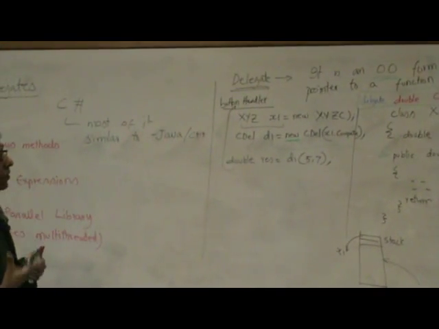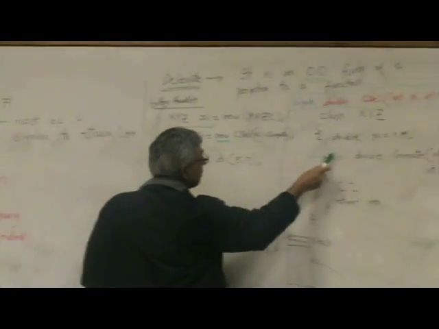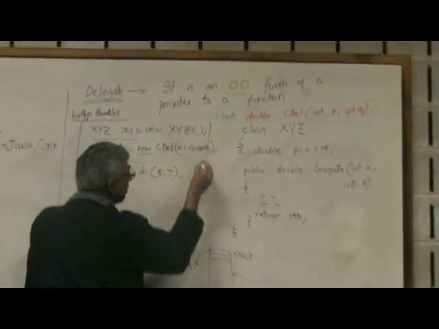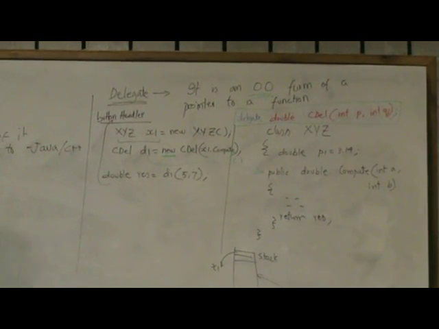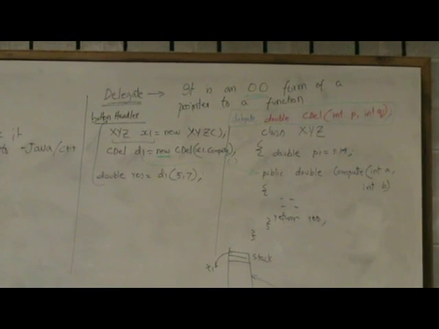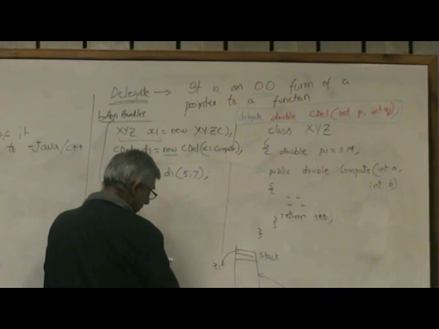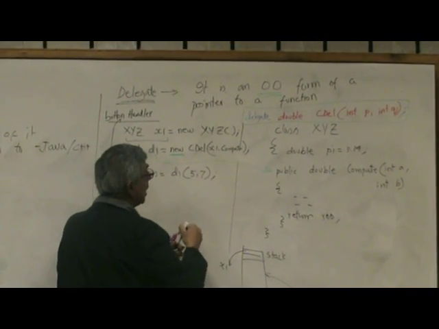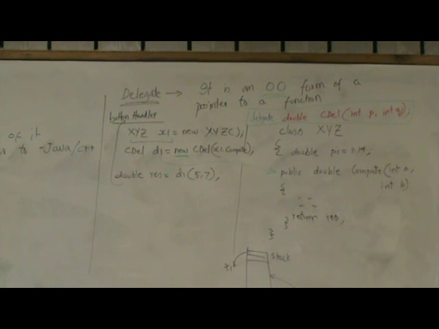You have to pick a function to point to. Notice we're not calling this function. If we were calling this function, there would be a left paren, right paren after the name of the function. We are simply pointing to the function. So that's why it's just the name of the function, no left paren, right paren after the name of the function. Right?